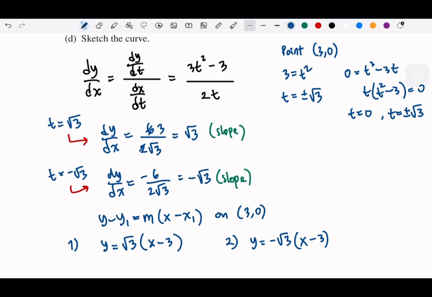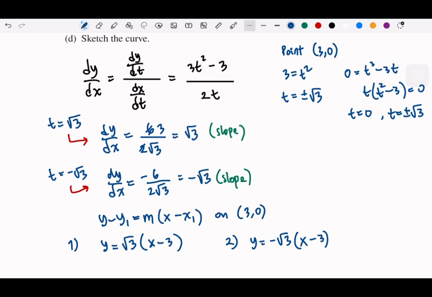So basically the first thing I did is derive dy/dx using the parametric equations, and we have this equation. Then we need to find which t is related to the point (3, 0). So first, when x is 3, it equals t squared, right? So we find there is a possibility of plus or minus square root of 3.